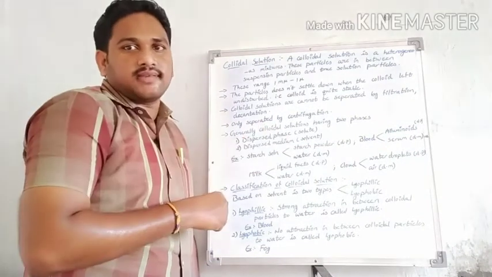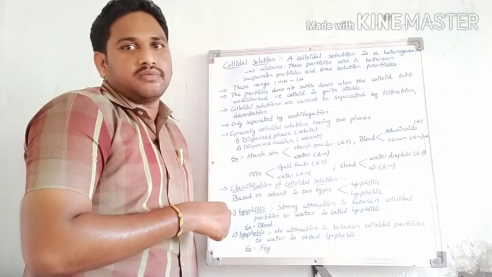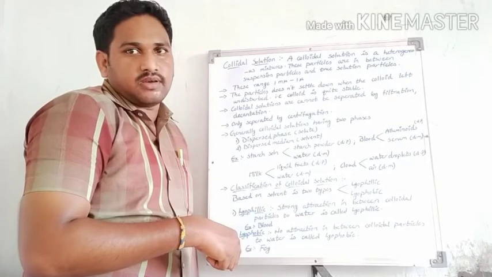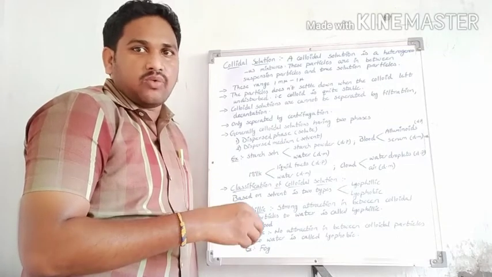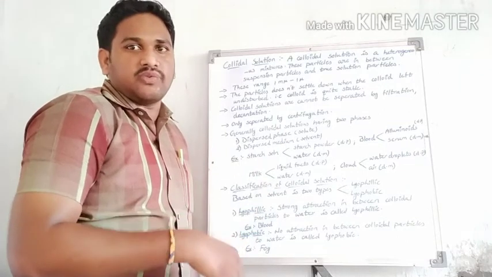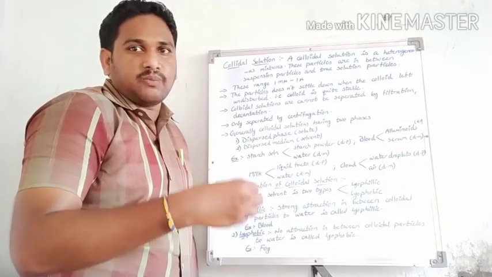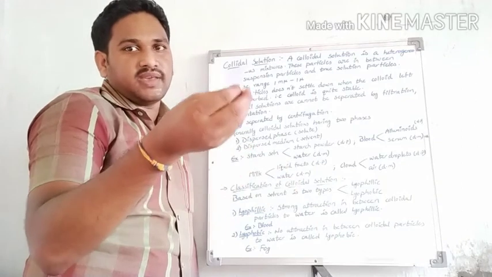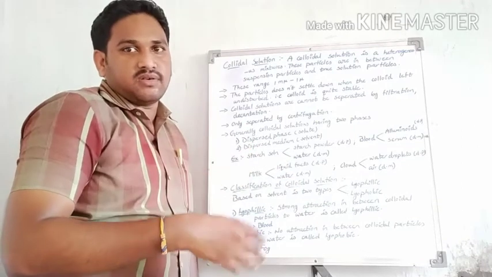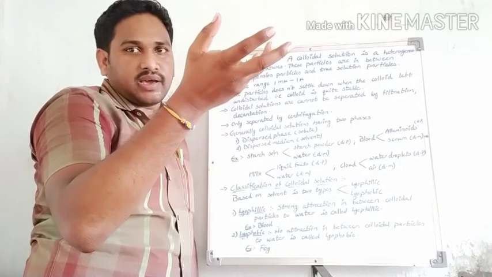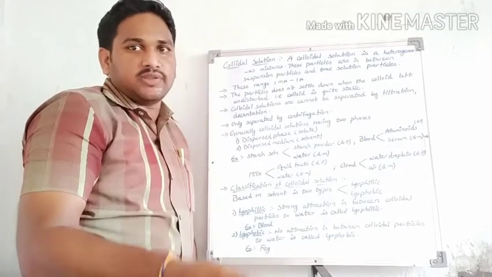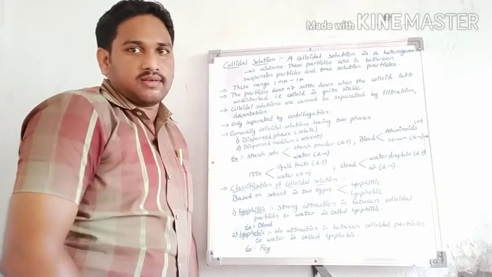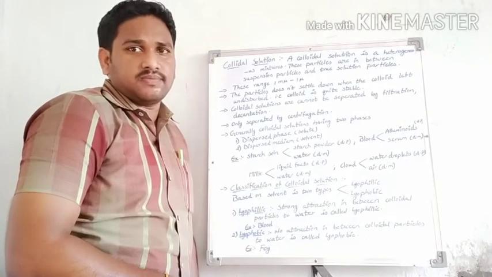These solutions are separated only by centrifugation. We apply centrifugal force, and after completion, two layers are clearly observed: one is the aqueous layer above, the solvent, and below is the colloid layer, meaning colloid particles. So that is separated now.